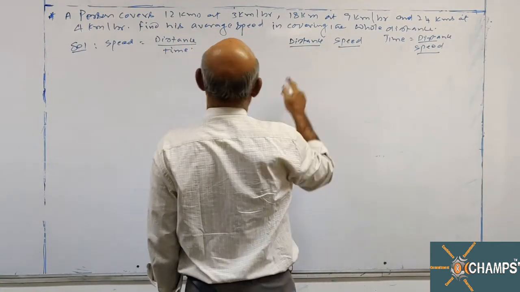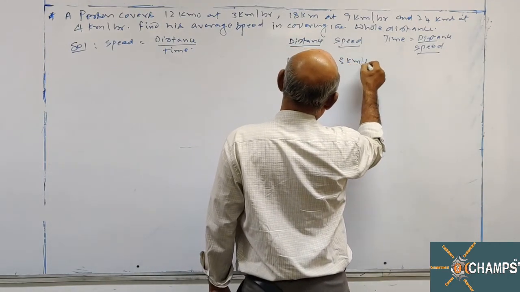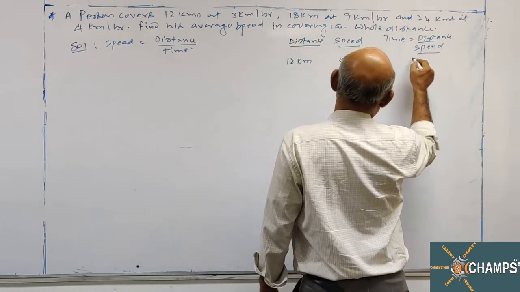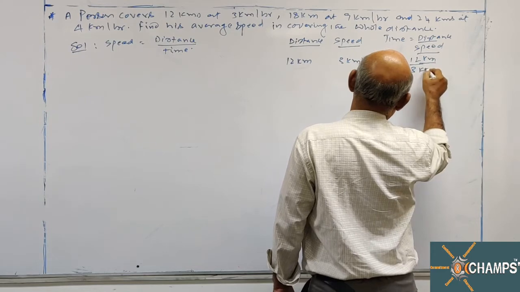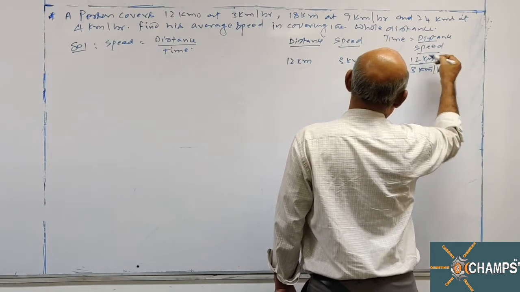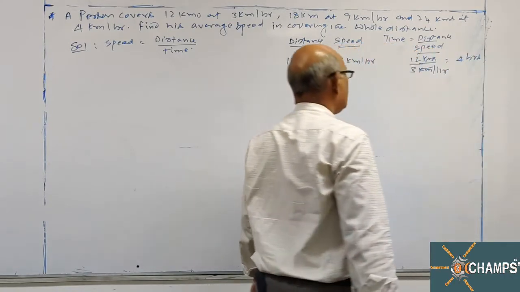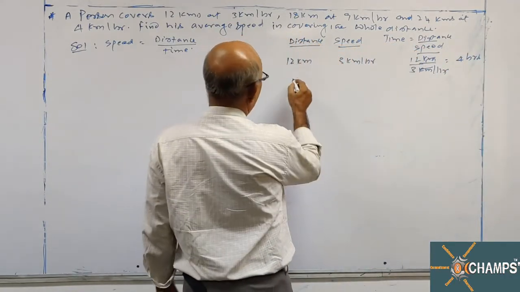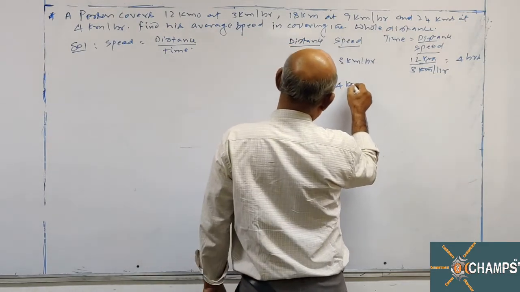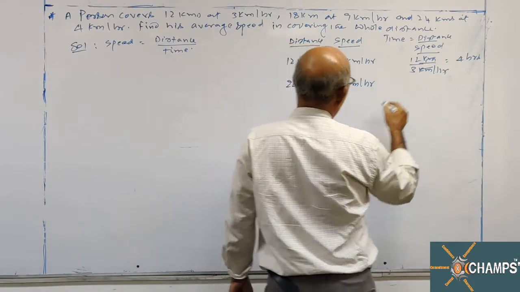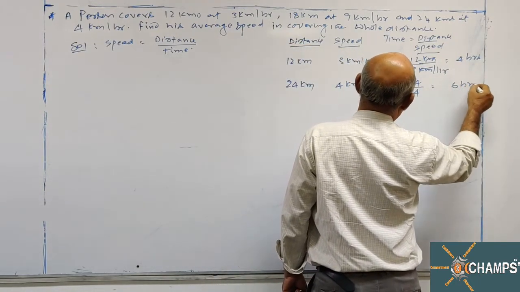First, 12 kilometers at 3 kilometers per hour: 12 by 3, kilometers cancel, 4 hours. Second one is 24 kilometers at 4 kilometers per hour: 24 divided by 4, 6 hours.